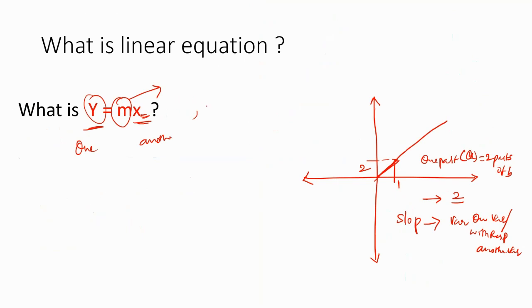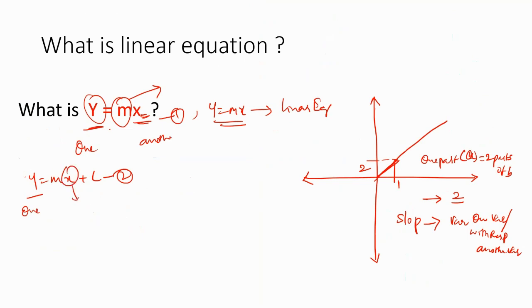We came to know that if it is in the form of y is equal to mx, we can call it a linear equation. We have also seen forms like y is equal to mx plus c. The difference between equation 1 and equation 2 is that y is one variable and x is another variable, and m shows us the slope.